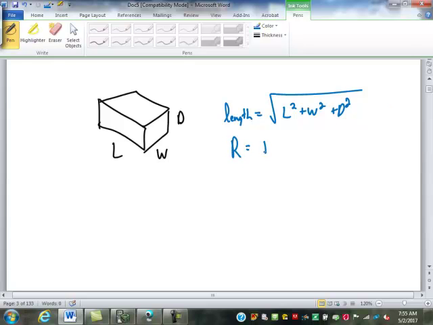R is the inverse tangent of W over L. And T is the inverse cosine of D over the length. Where length, you could replace with that formula, the square root of L squared plus W squared plus D squared, but I'm not going to get into that.